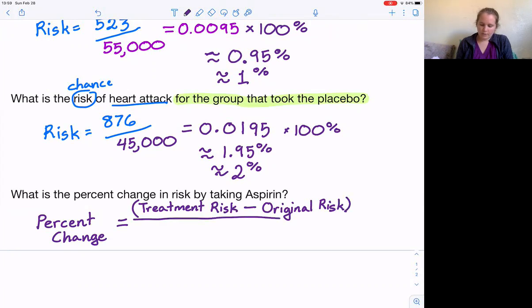And then we will divide by the original risk.